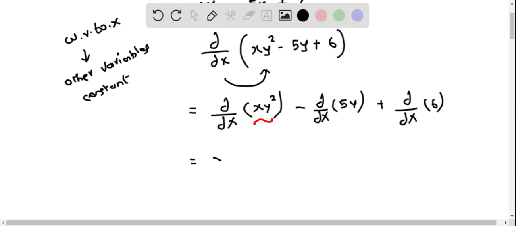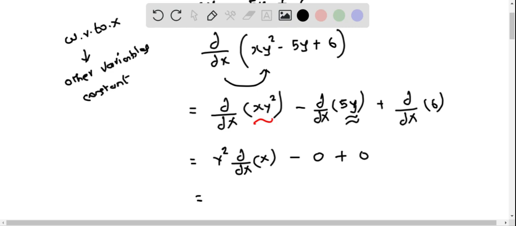So I can pull out the y squared, since we are treating that as a constant, and then find the partial derivative of x with respect to x, minus the partial derivative of 5y. Both are constants. When you take the partial derivative of a constant with respect to x, it will be 0. Plus, here we already have a constant, 6. So the partial derivative of a constant is 0.